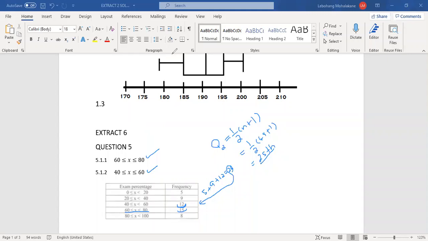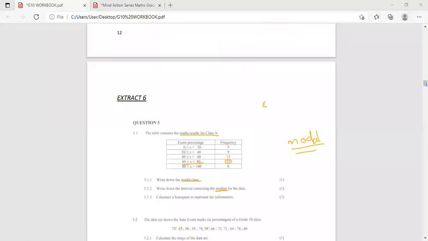Now let's look at another question. What were they asking? Oh, they wanted the histogram. Well, I'm assuming we know the difference between a histogram and a bar graph. This is a histogram: you have bars that are actually close to each other.